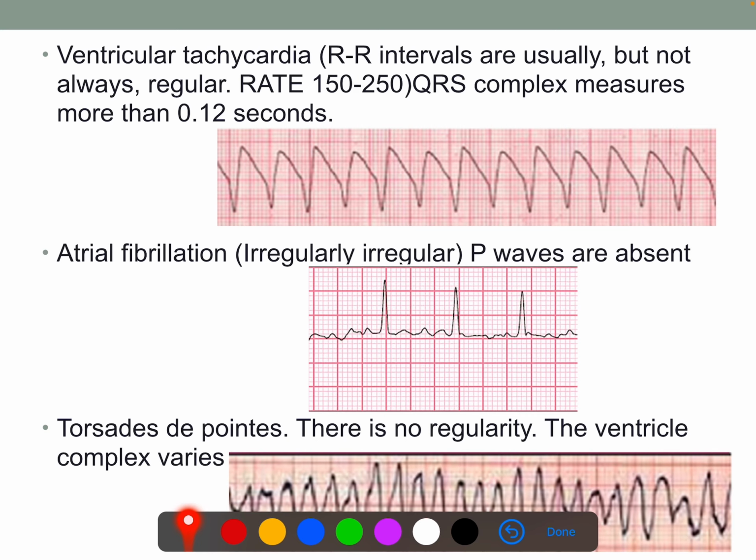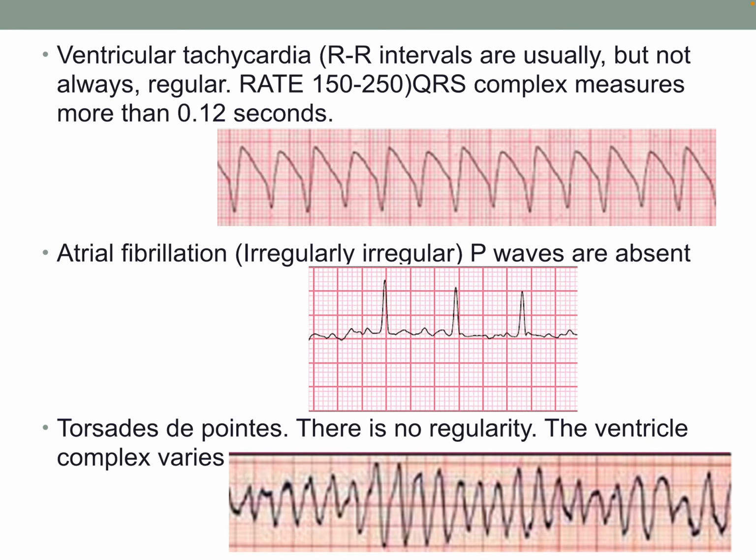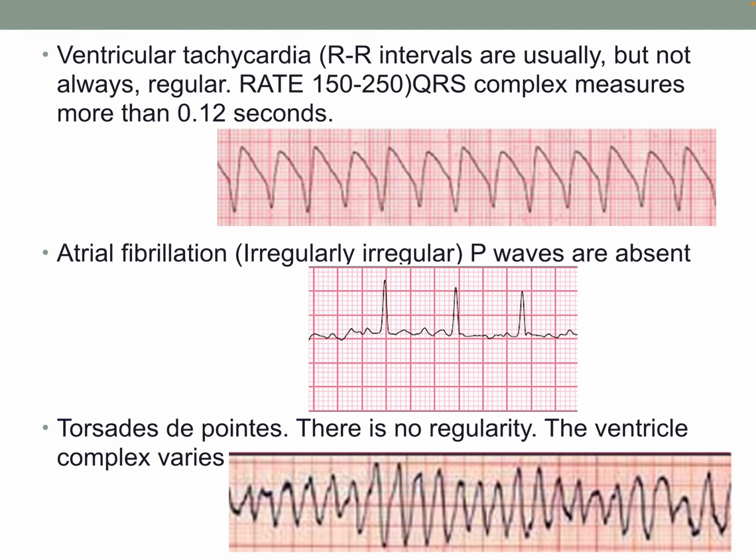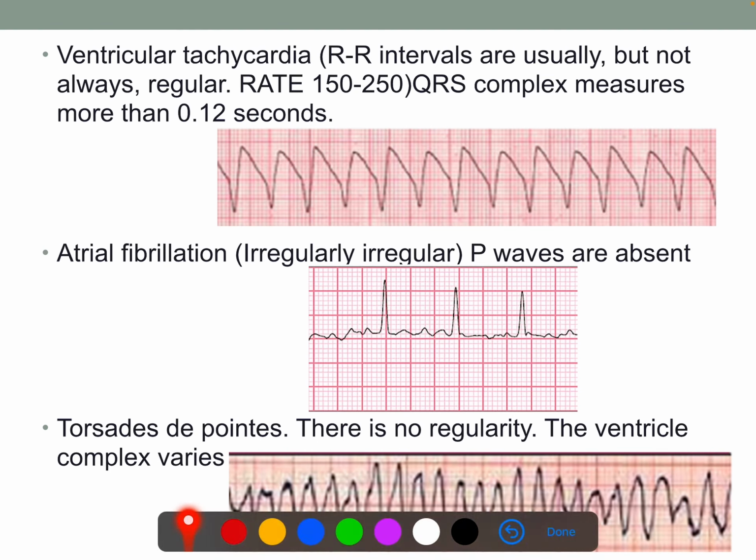It is irregularly irregular. Sometimes it will be 3 boxes, sometimes 5 boxes. Torsades de pointes has no regularity. In ventricular tachycardia there is regularity, but in torsades it is like earthquake waves.